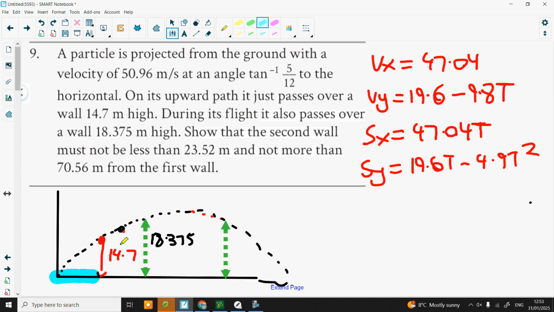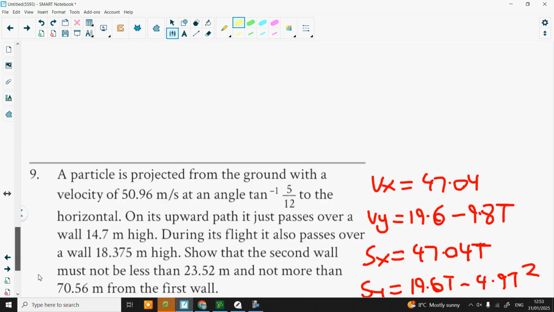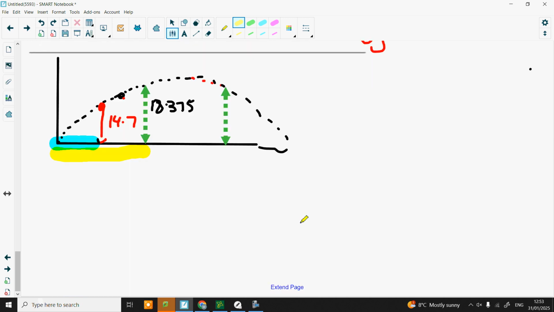And then, once I'm done with that, I'd love to know the distance from the start to the second wall, whether it's the yellow distance or the purple distance. I'd like to know those two distances, wouldn't I? Because what would purple distance minus yellow distance actually give me? It would give me the distance between the two walls, wouldn't it?